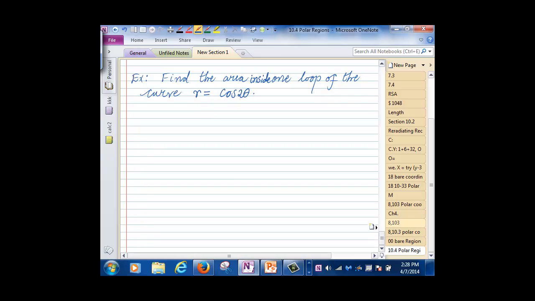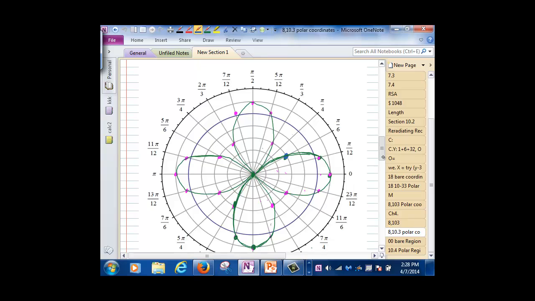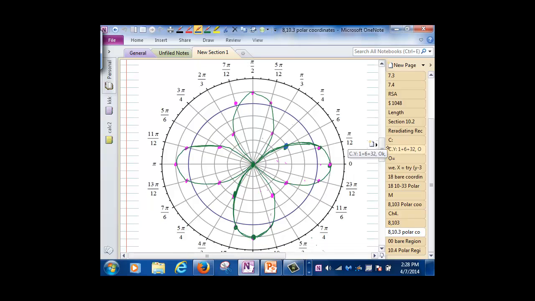And let me remind you that we are talking about this curve, right? So what's the area inside one of the loops? How do I find the area inside one of the loops? Well, I have to think of this region as a region which is swept out by the polar axis between 2 rays, right? The question is, well, it's bounded by one curve, but what should I pick for the rays in this case?